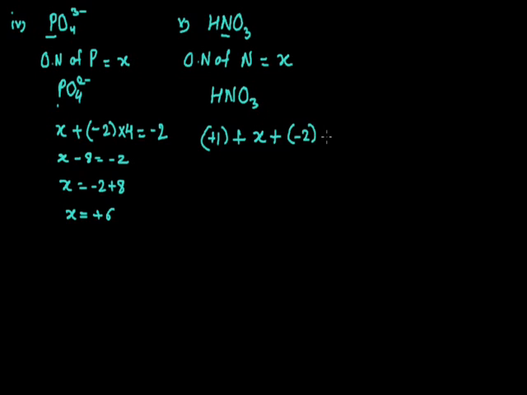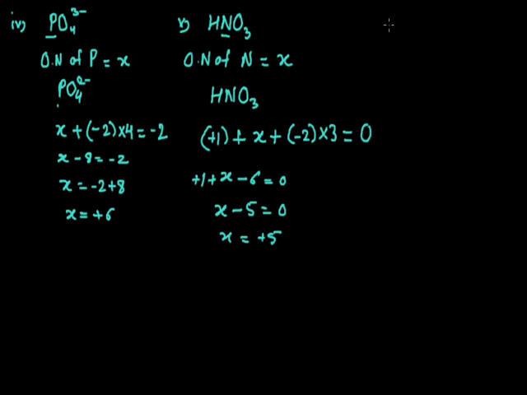Here 3 atoms of oxygen are present, so we multiply it by 3, and it will be equal to 0, because the total charge on nitric acid is equal to 0. After solving this, +1 plus X minus 6 is equal to 0, or X minus 5 is equal to 0, or X is equal to +5. So we can say that the oxidation number of nitrogen in nitric acid is equal to +5.